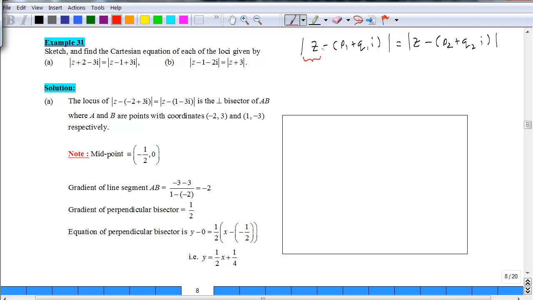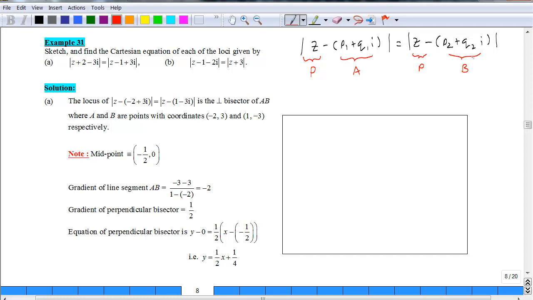Again, the point P represents the variable complex number z, the point A represents the complex number p1 plus q1i, and the point B represents the complex number p2 plus q2i. So we are saying that the distance between P and A is always equal to the distance between P and B. So how do we actually form this locus?